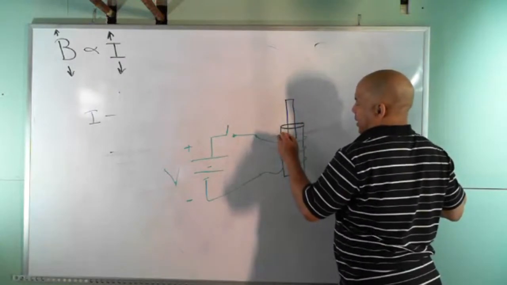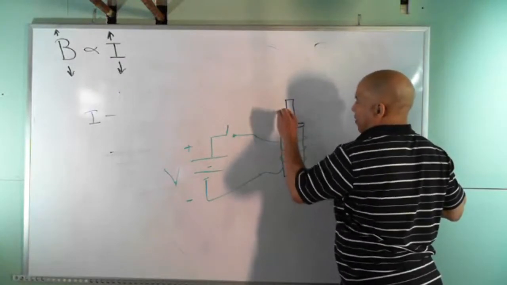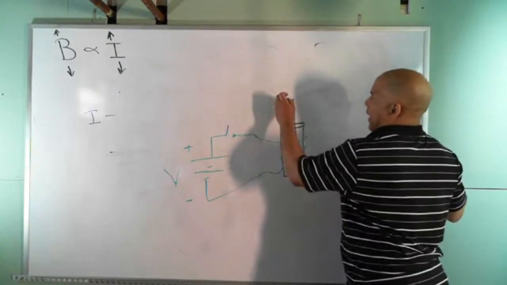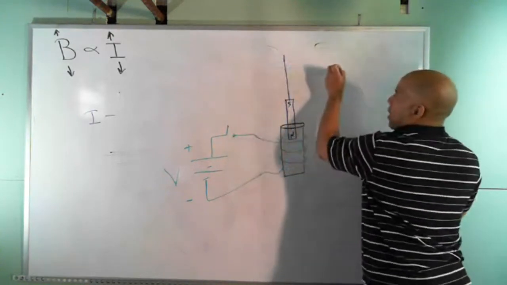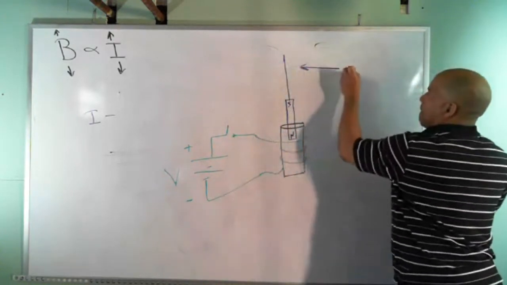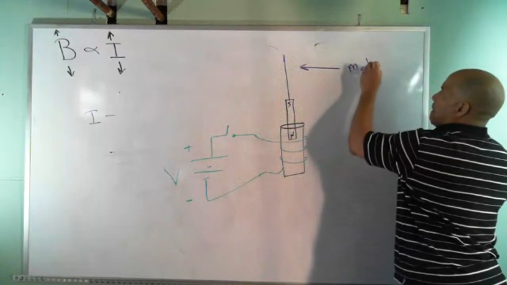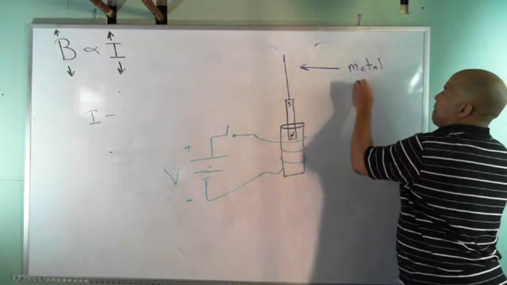And let's say this is north and south. And maybe I've got a rod connected to this. So that's a metal rod. It's going to bounce up and down in between.